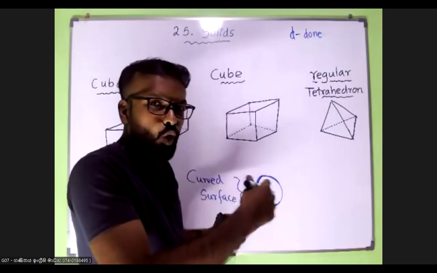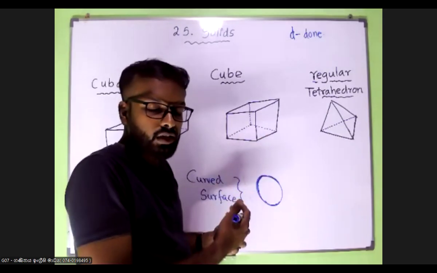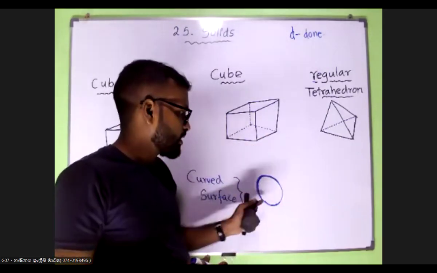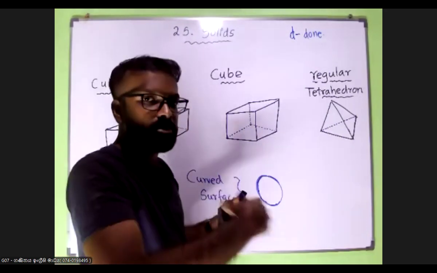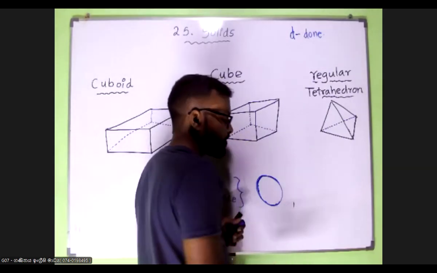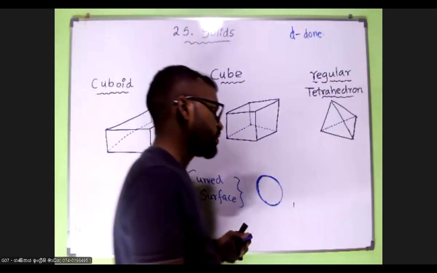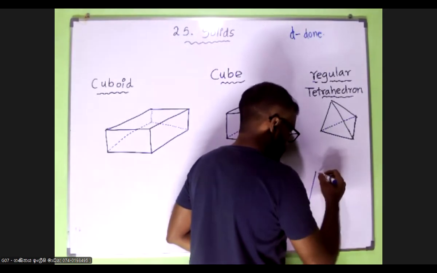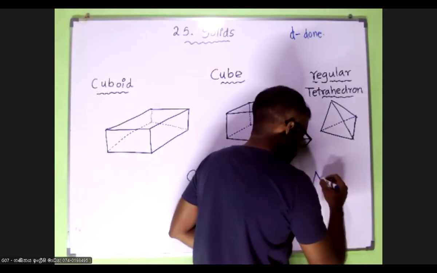Like a volleyball, that is not a solid, but when you compare the surface, it is curved. And also another example, cone. If you take a cone, something like this, you know it.